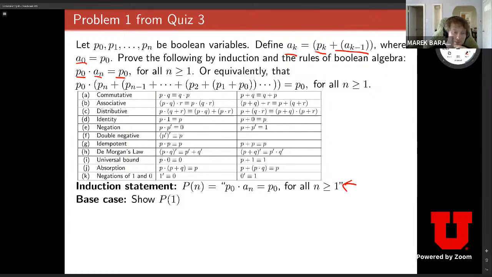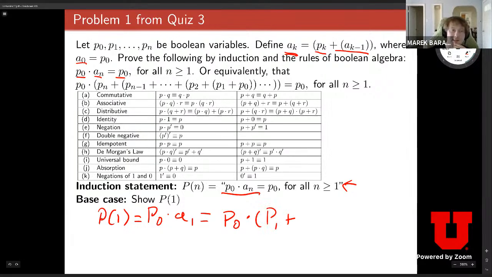So P of 1 is the statement from up here. We're trying to show P0 times A1 equals P0. P0 times A1 is P0 times (P1 plus A0) by the definition, which equals P0 times (P1 plus P0).